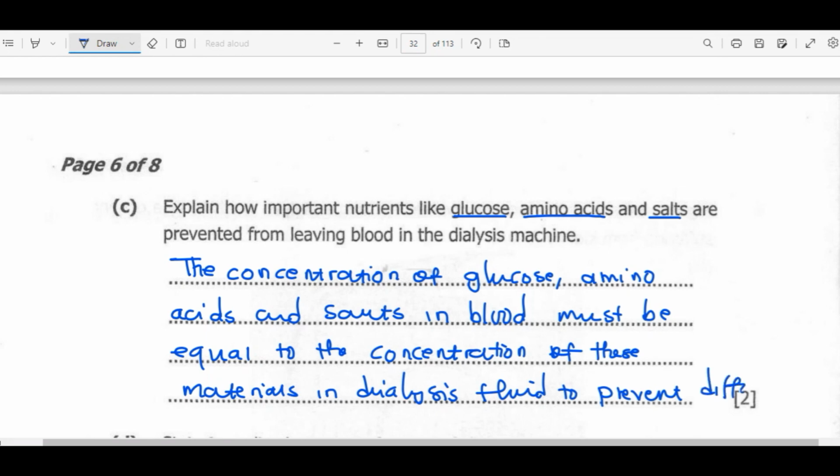So according to science, diffusion cannot take place if the concentration of two regions are equal.